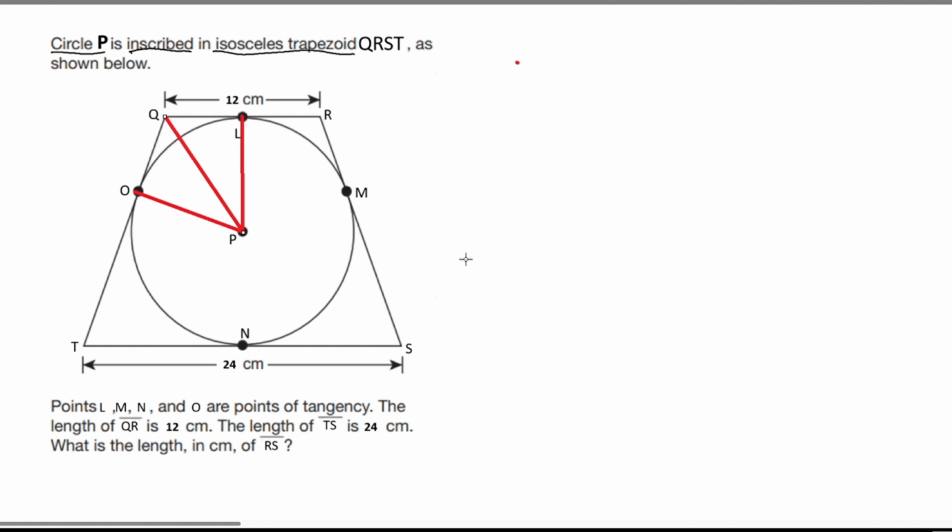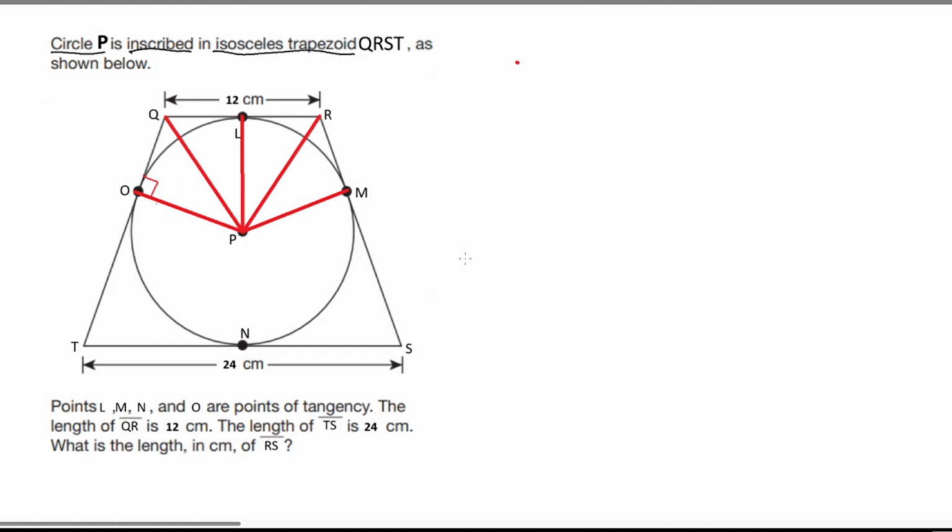and we're going to do the same on the other side. So now we have four triangles. So first, what does it mean to be tangent to a circle? That means that we're going to have a right angle.